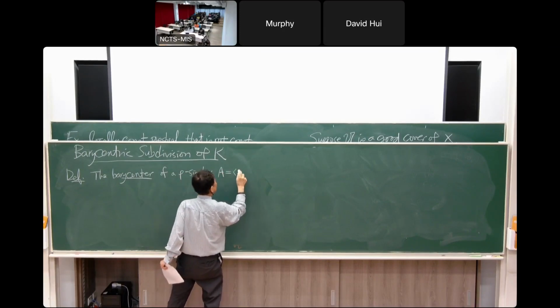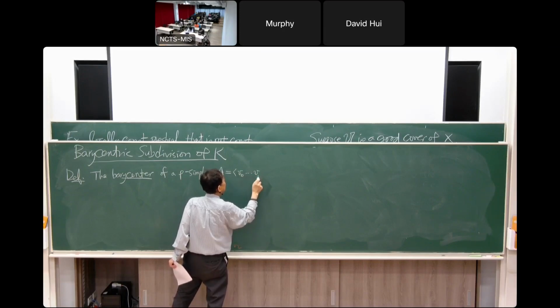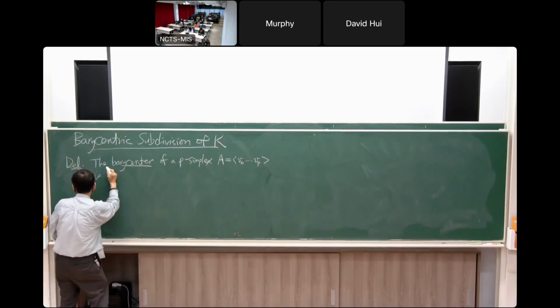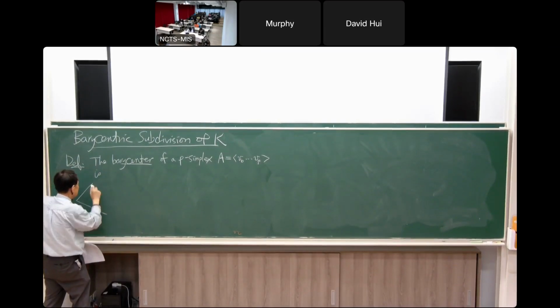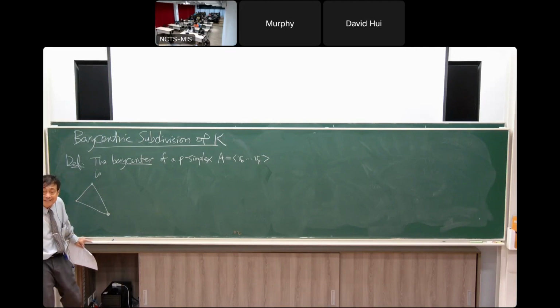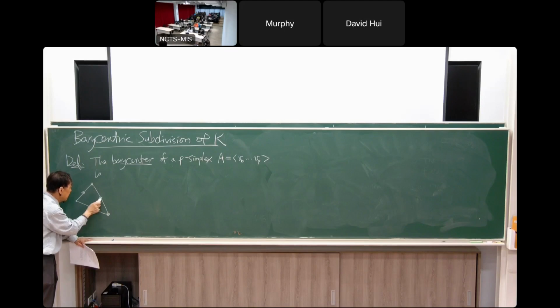Now in physics, it's the center of mass. If your plate has uniform density, then of course the barycenter of an edge is going to be its midpoint.